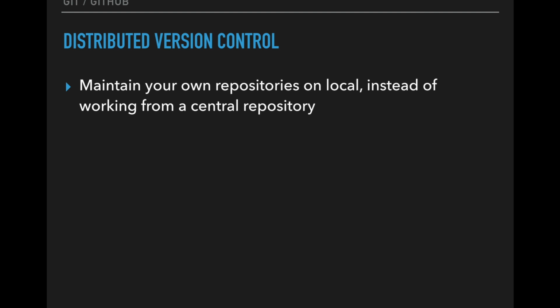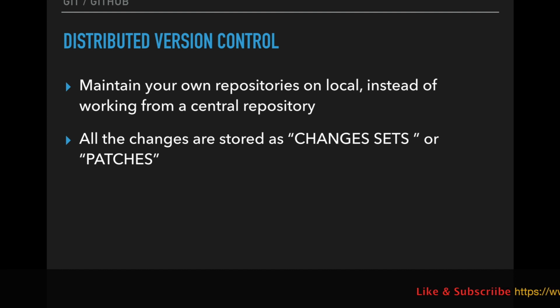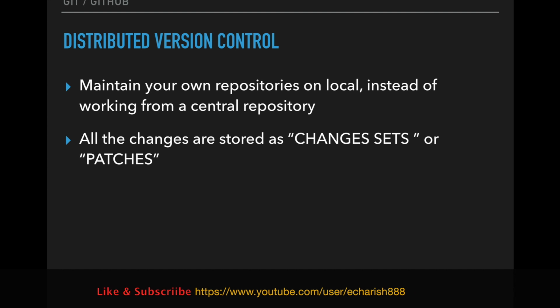That is, different users or teams of users each maintain their own repository instead of working from a central repository. And the changes are stored as change sets or patches. And we are focused on tracking changes, not the versions of the documents. Now that's a very subtle difference, and you may think, well, CVS or SVN also track changes, but they don't.